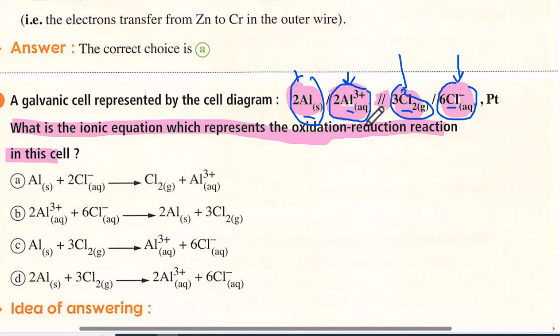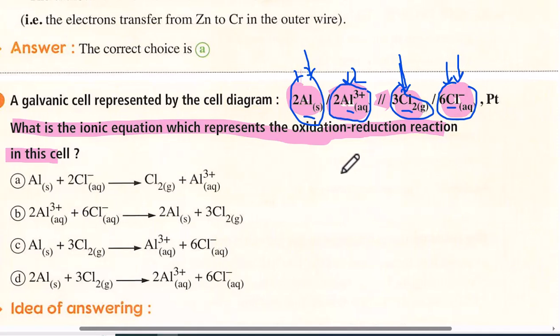The idea here is that the first thing in the diagram is the anode, and the first thing on the other side is the cathode. Okay, and the second one here, aluminum, is the first product, and the second here is the second product.